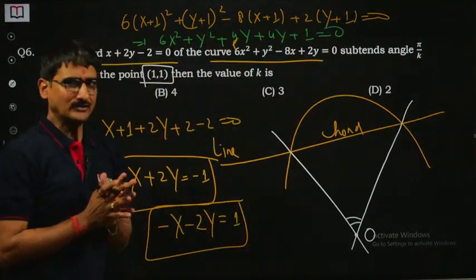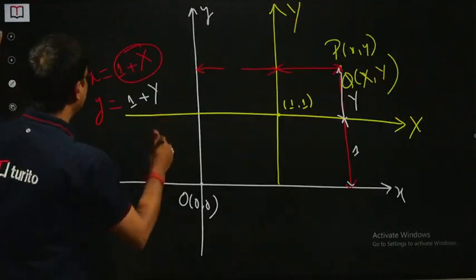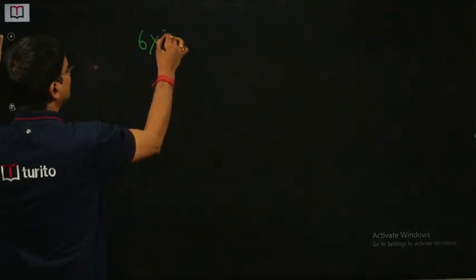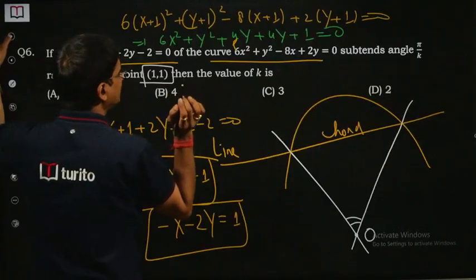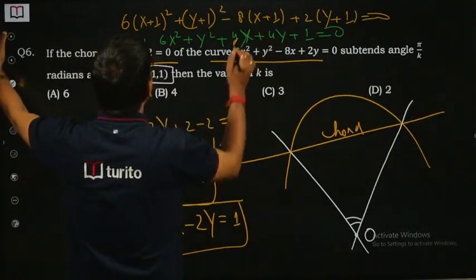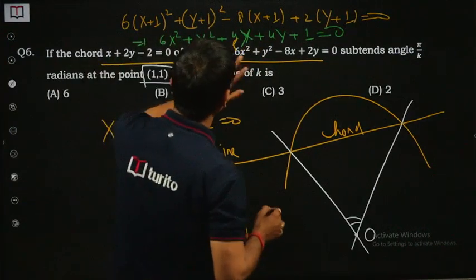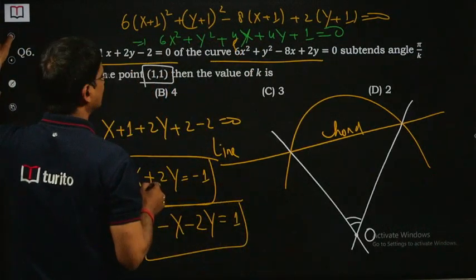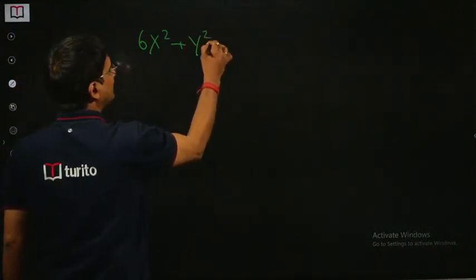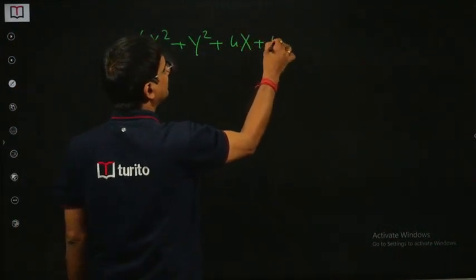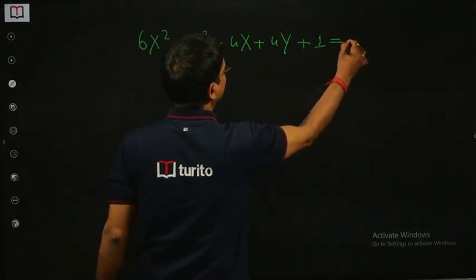Okay, so the curve is 6X square plus Y square plus 4X plus 4Y plus 1 equal to 0.